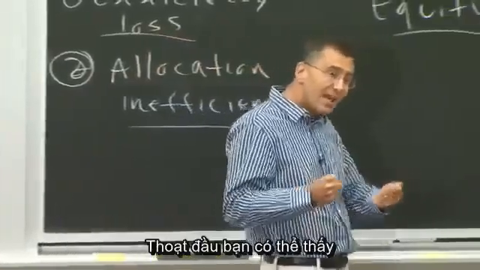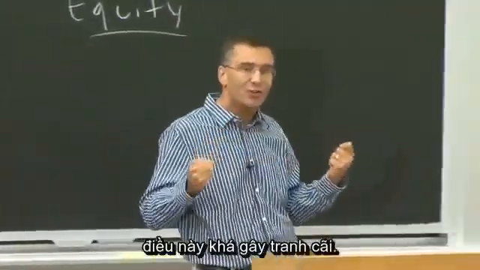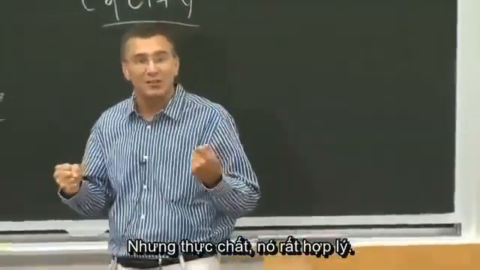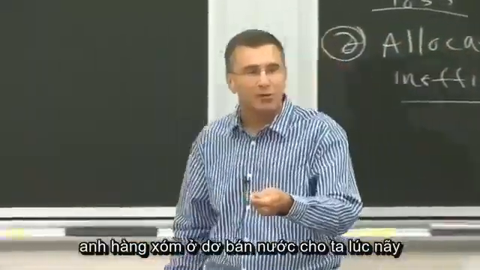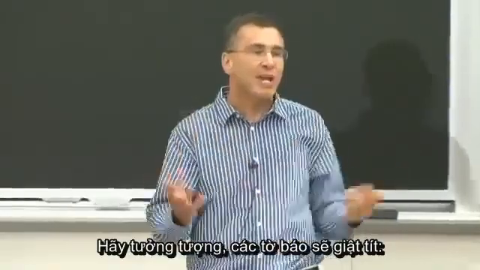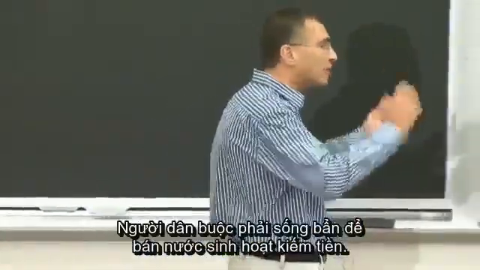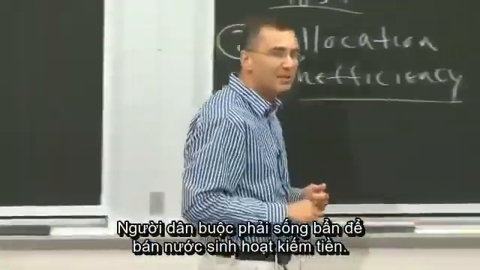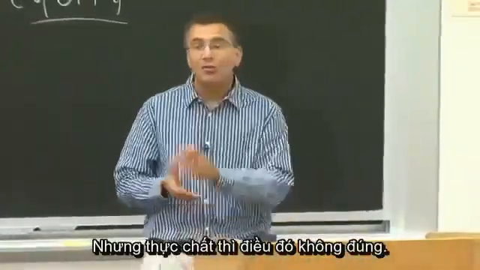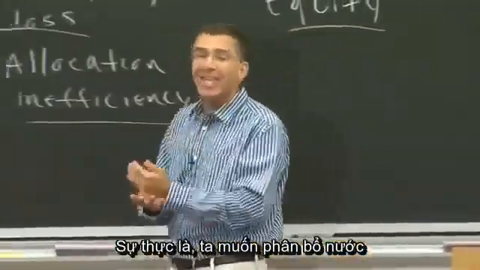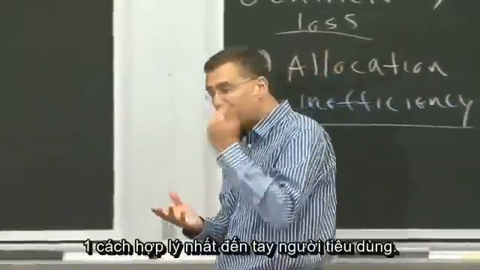Now, as you hear that, you might think that's kind of controversial, but in fact, it makes total sense. Just like it might be controversial that dirty neighbors are selling water to clean neighbors. You can imagine the newspaper articles, the outrage. People forced to be dirty to make ends meet. But that's not right. What's right is you want to allocate to people for whom it's most efficient.